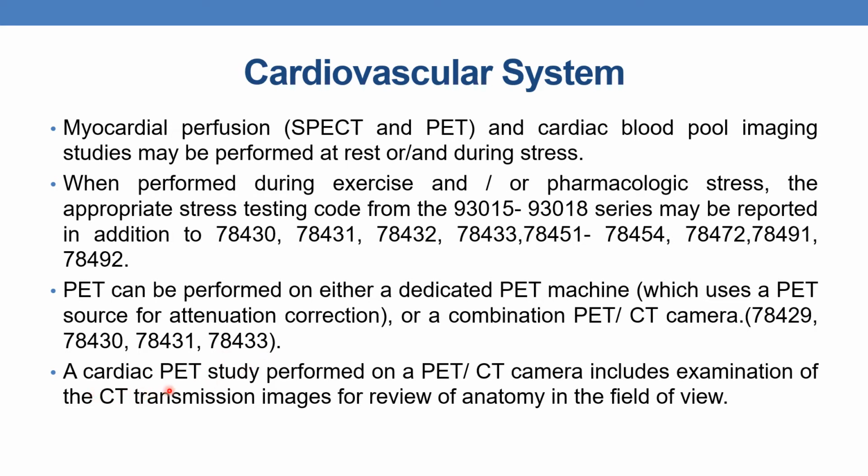And this cardiac PET study performed on a PET/CT camera includes the examination of CT transmission images for review of anatomy. So additionally, computed tomography transmission guidance need not be coded whenever a PET scan is performed using a PET/CT camera.